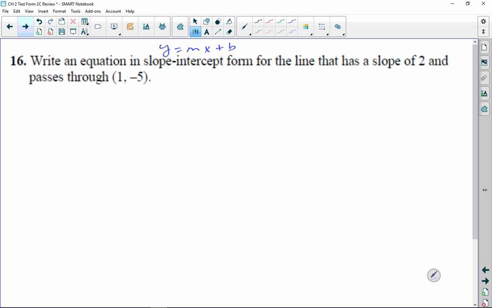No, because I don't know B. I know the slope, but I don't know B. And I can't get it from the information that's given, right? Because what did we say about the y-intercept earlier? It is 0 and whatever y is. Everybody understand that?